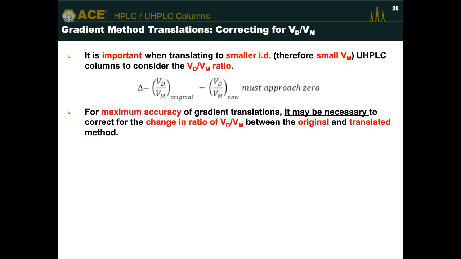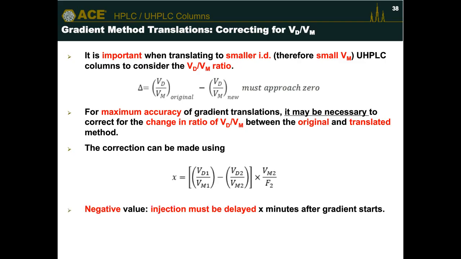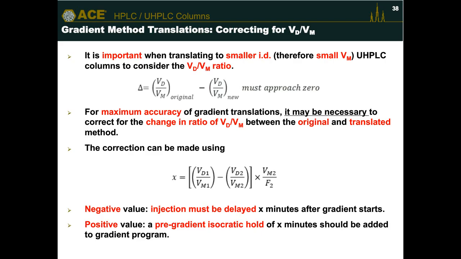So we ideally want the same dwell volume over column volume from our original method to our new method. If we don't have this, then we need to use the new column volume and the flow rate to either delay the injection or add an isocratic hold at the start of the method.